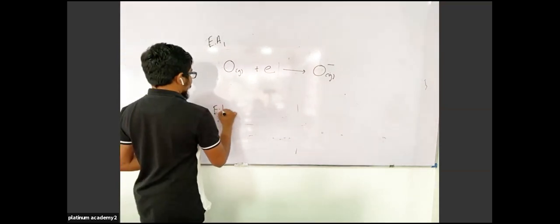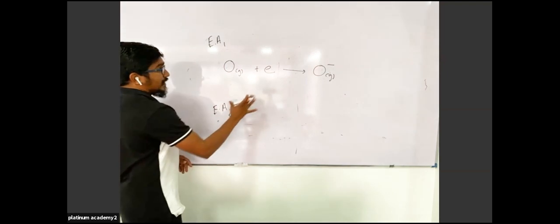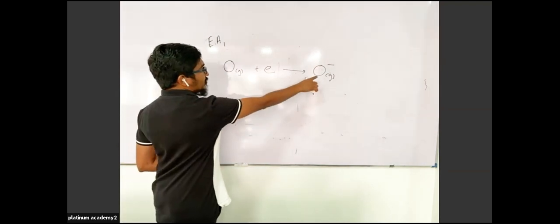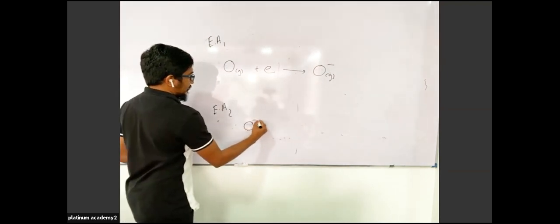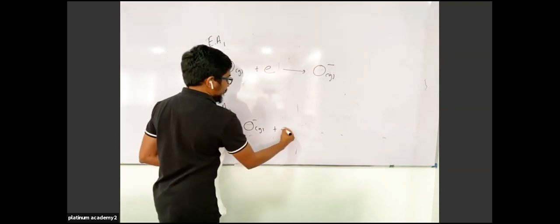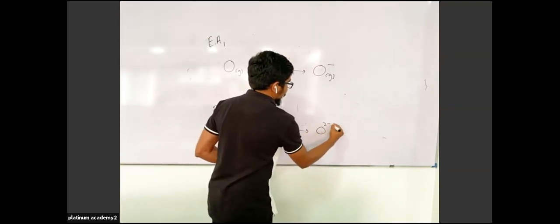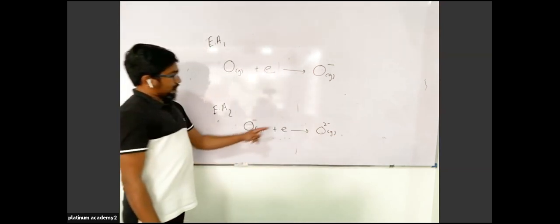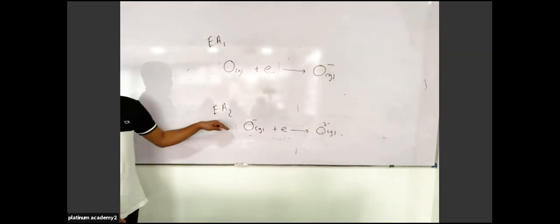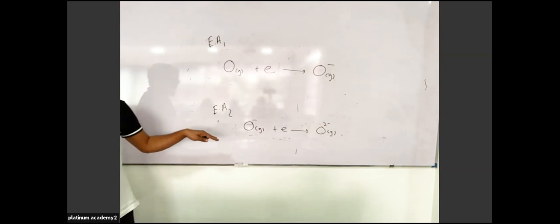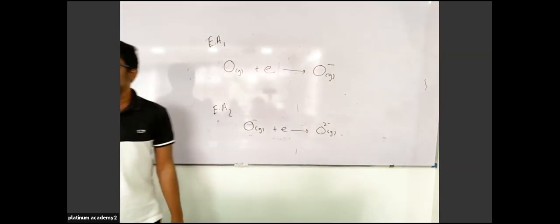Now the second electron affinity for oxygen. If it is second electron affinity, you start with O minus. Can anyone give me the definition for this? This is the reaction: you gain 1 electron, you become -2 now.